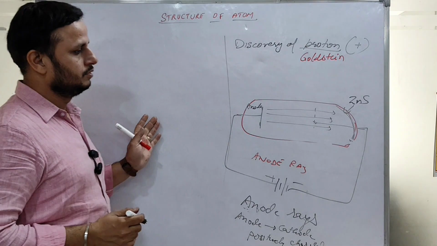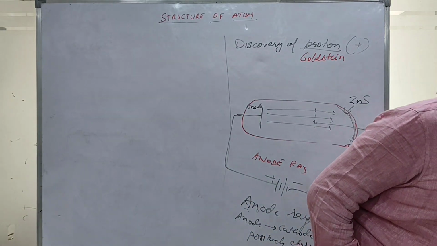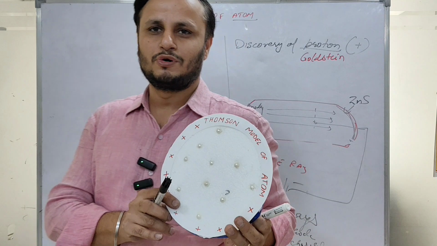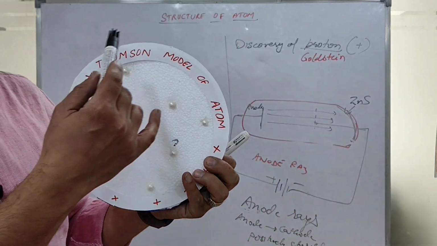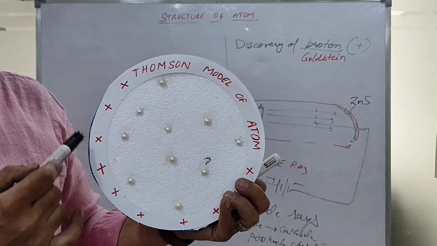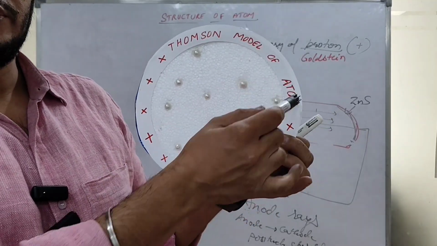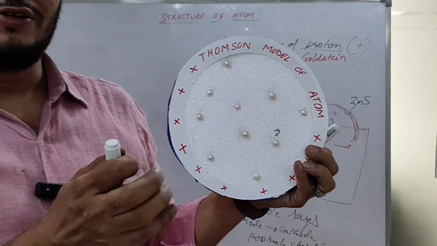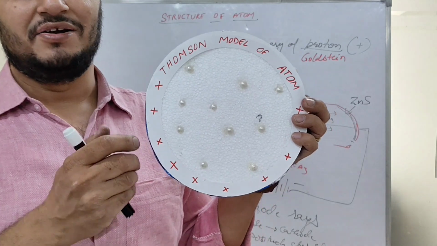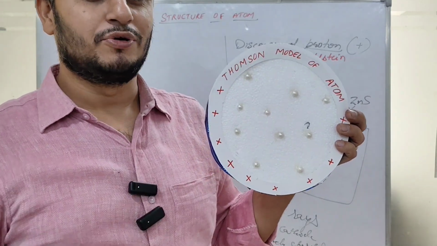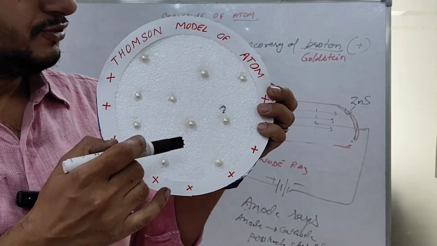And then there was, and this is the Thomson model. According to the Thomson model, the body of the atom contains positive charge. This model is like the watermelon in India, or we call it the plum cake model, in which dry fruits are randomly distributed.